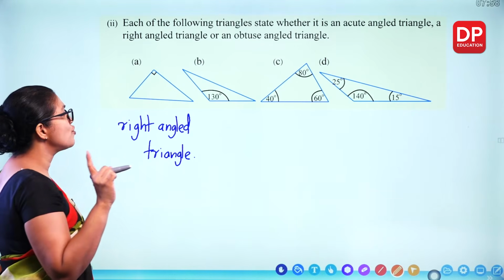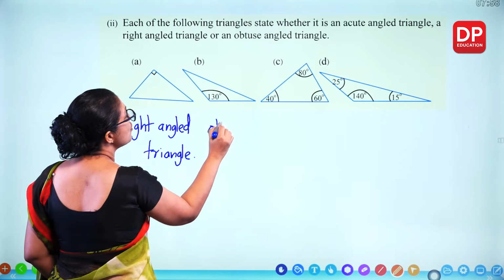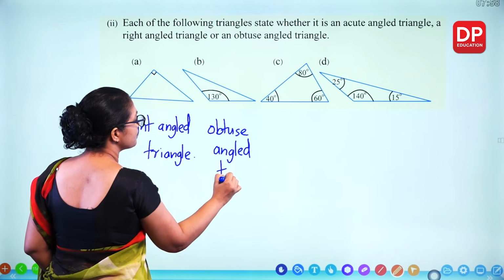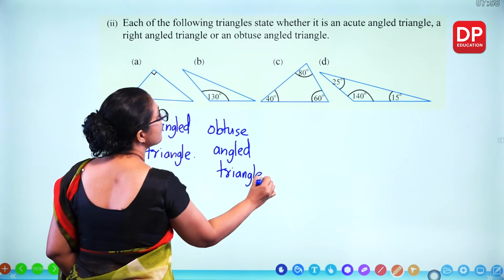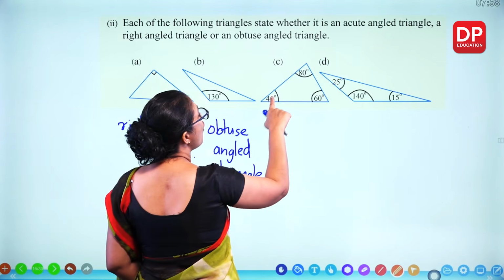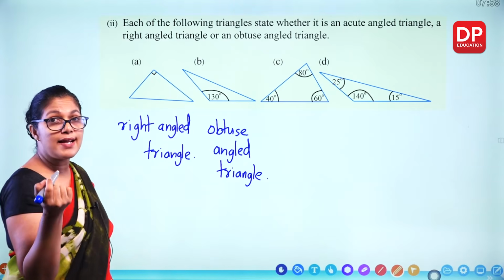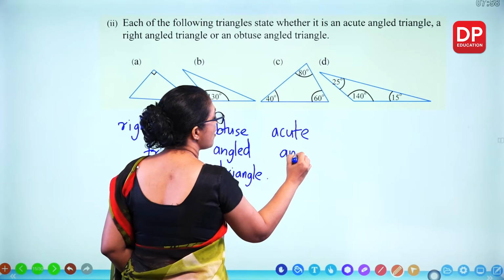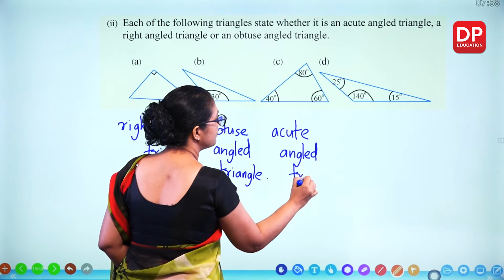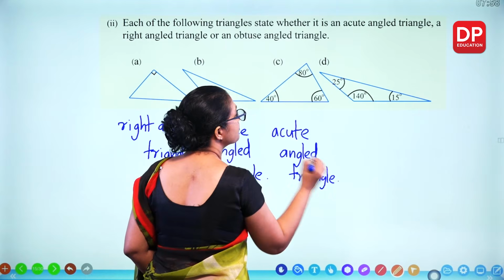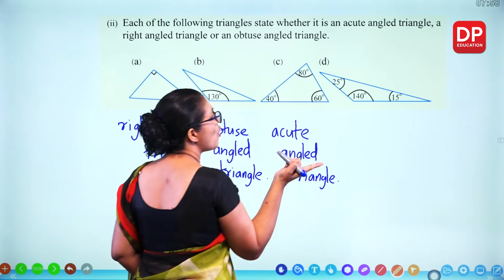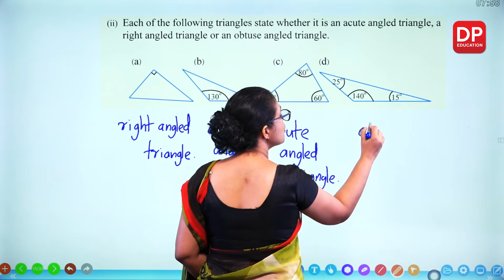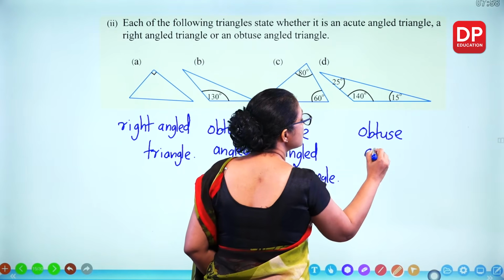When you get one obtuse angle, that's an obtuse angled triangle. This one, 40, 80, 60, all are less than 90 degrees. So that's an acute angled triangle. This one, angle is 140, that means more than 90, less than 180. This is an obtuse angled triangle.